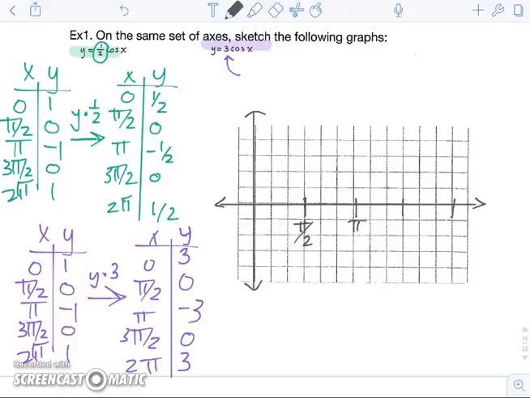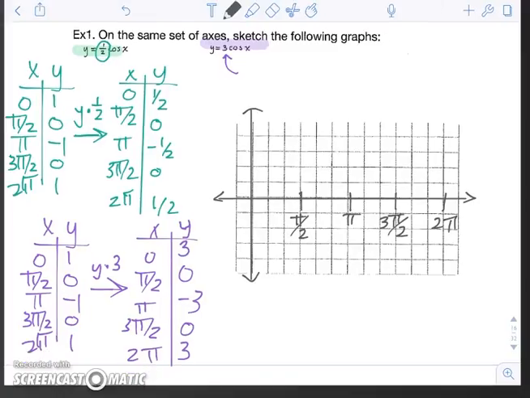This is pi, 3 pi over 2, and 2 pi. And I need my y values to go up to 3 and down to -3. So I'm just going to have to go by ones here. So this is 1, 2, 3, and then -1, -2, -3.